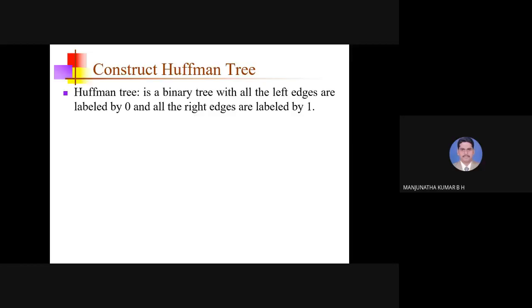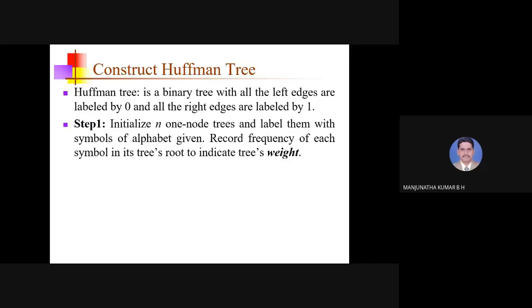This is also allowed. You should follow any one method: either 0 for the left edge and 1 for the right edge, or 1 for left and 0 for right. Don't use both methods. I am following this method: I am going to label the left edges by 0 and right edges by 1. That is the Huffman tree.